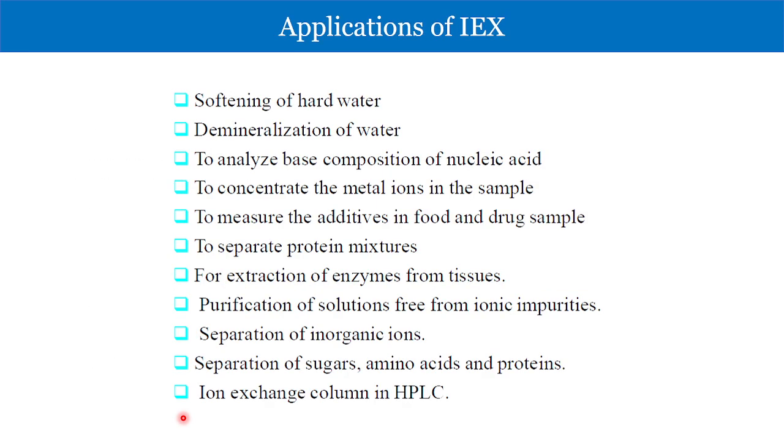Now the applications of ion exchange chromatography: it has multiple applications in different industries, and when we are trying to purify things, softening of hard water, demineralization of water, okay, measuring the additives in food and drug samples, concentrating the metal ions in a sample, separating protein mixtures, which is more important to us, extraction of enzymes from tissue, separation of inorganic ions, amino acids, proteins, and sugars. The ion exchange column is also used in HPLC.